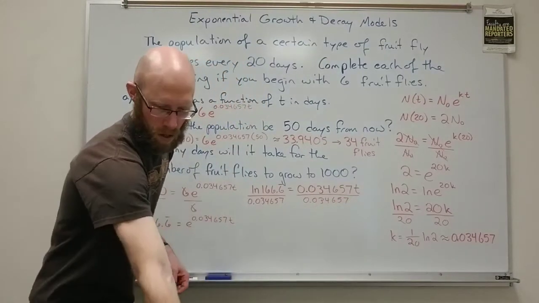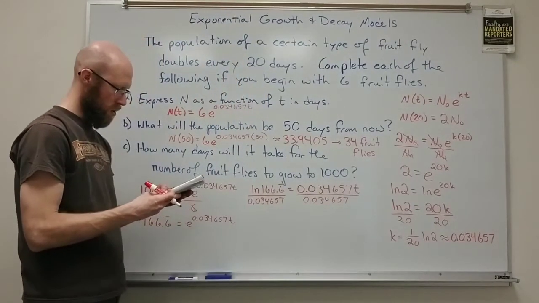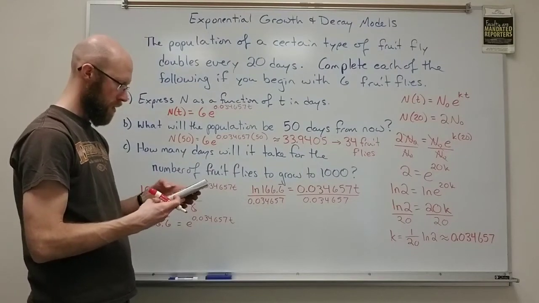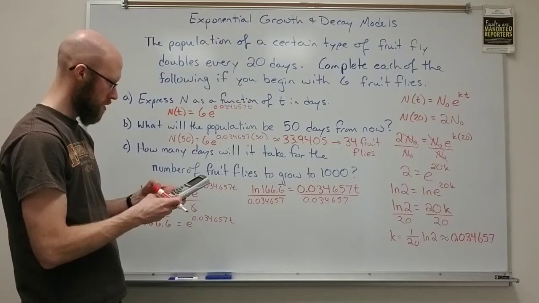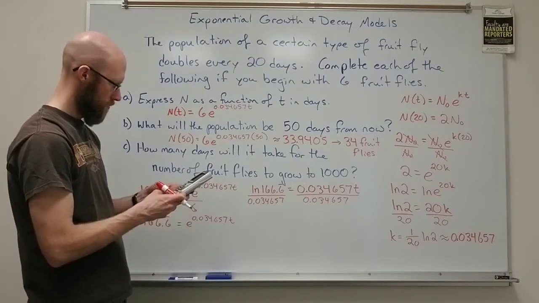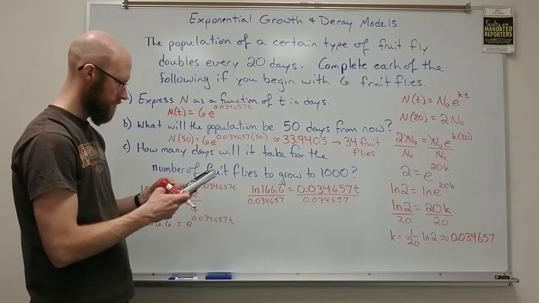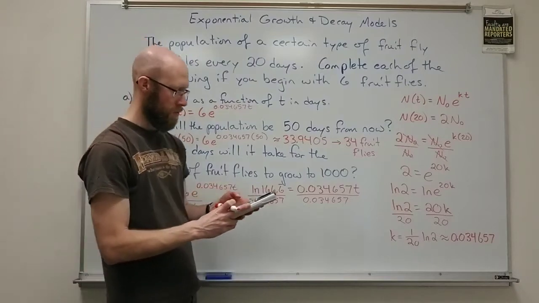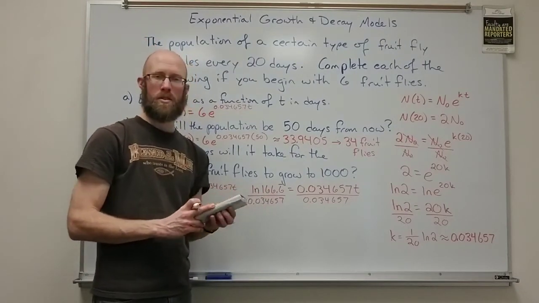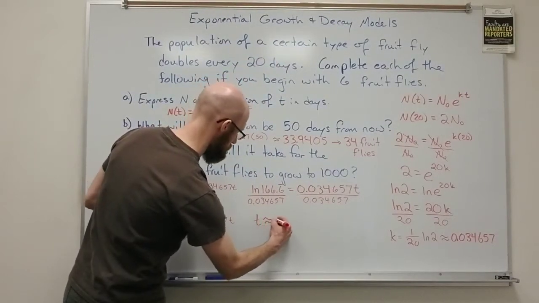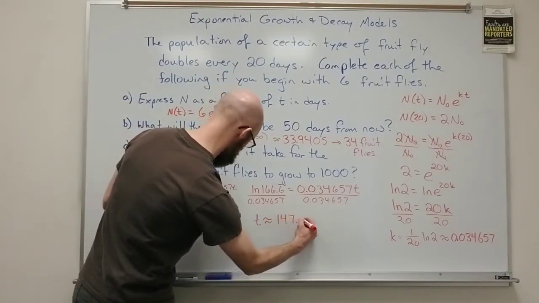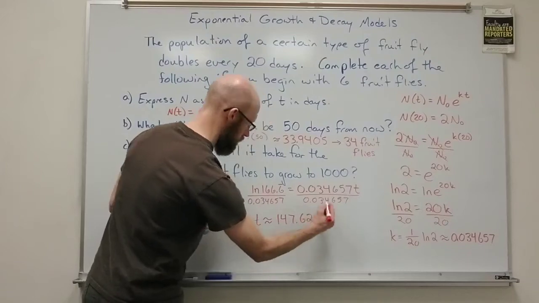Okay, and so I'm going to take the natural log of my previous number and divide that by 0.034657. That gives me about 147.6 days. So t is approximately 147.62.